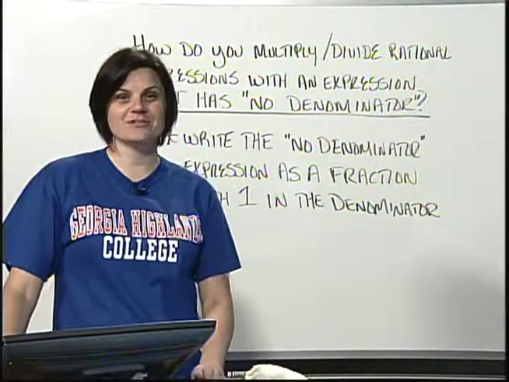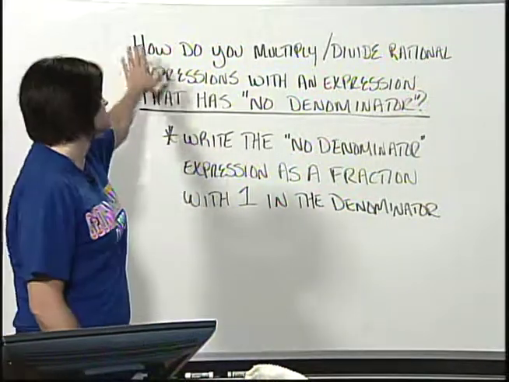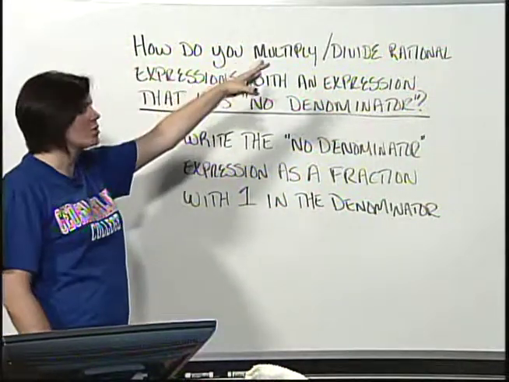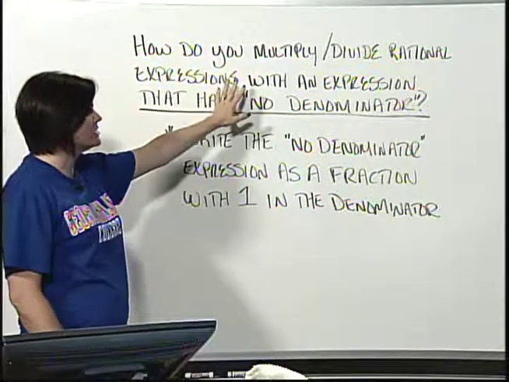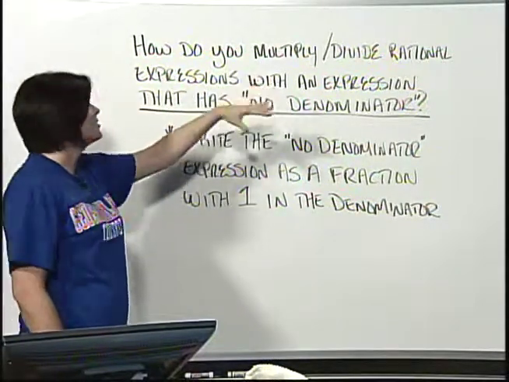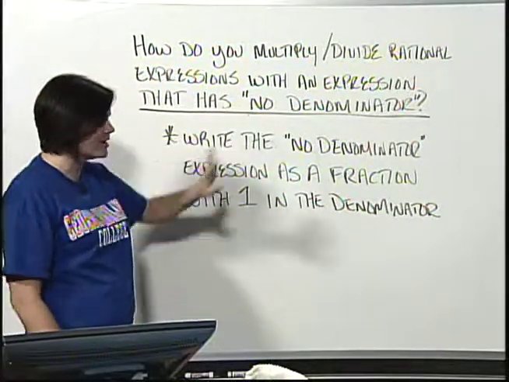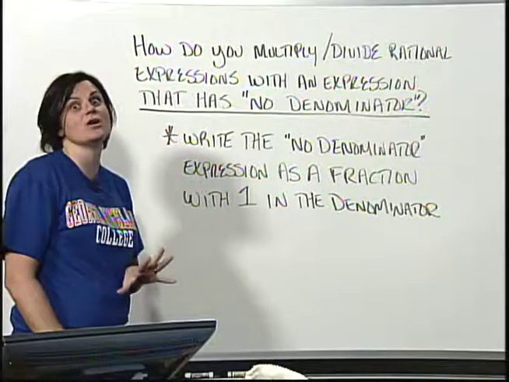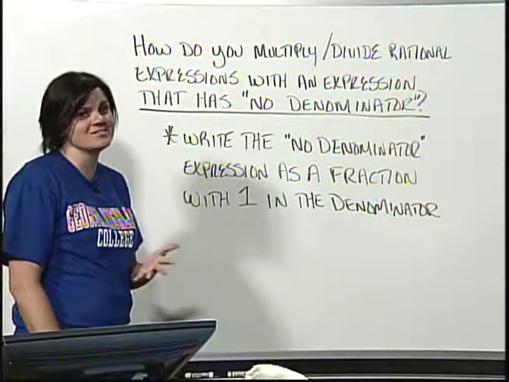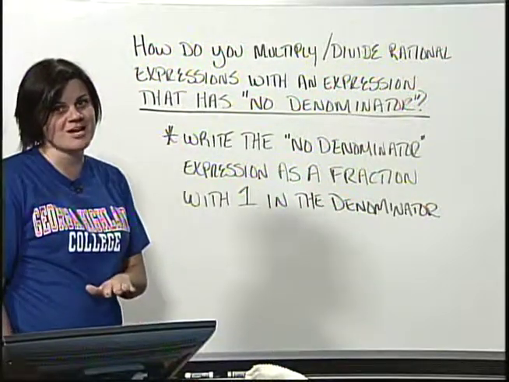In this video segment, we'll be answering the question, how do you multiply or divide rational expressions with another expression that has "no denominator"? Notice I put that in quotation marks, no denominator, because it actually does have a denominator, you're just not seeing it.